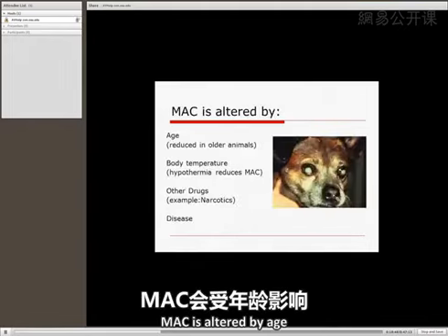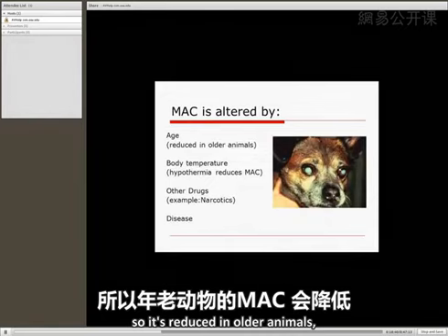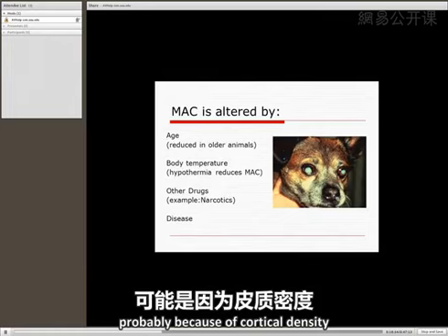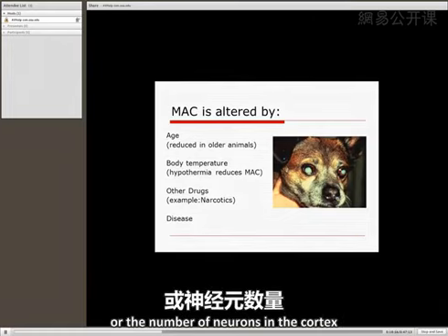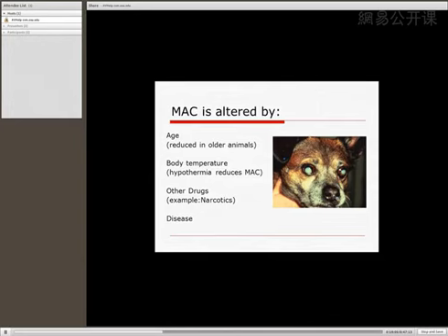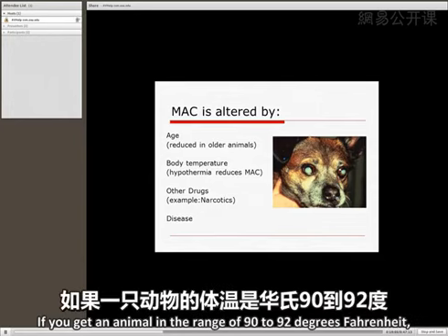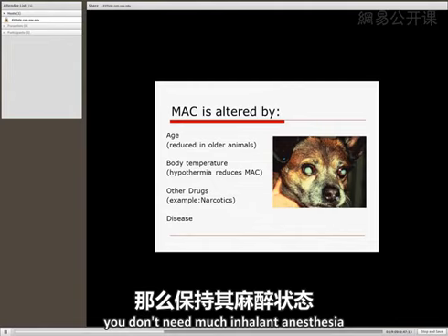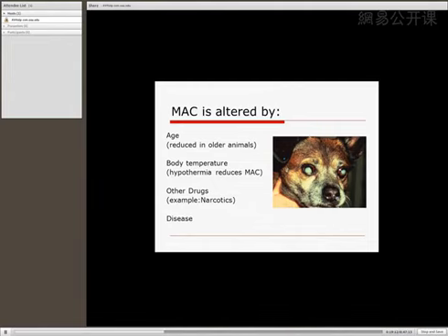MAC is altered by age, so it's reduced in older animals. Probably because cortical density or the number of neurons in the cortex is reduced as you get older. MAC's reduced by hypothermia. If you get an animal in the range of 90 to 92 degrees Fahrenheit, you don't need much inhalant anesthesia to keep the patient asleep.